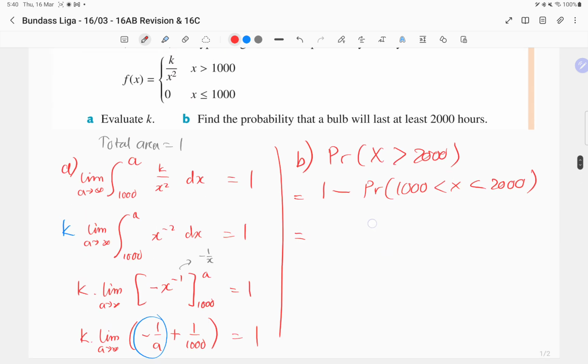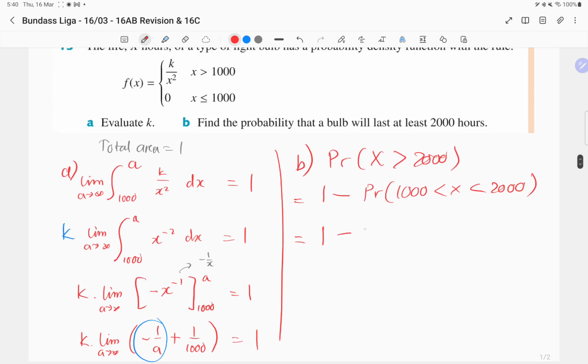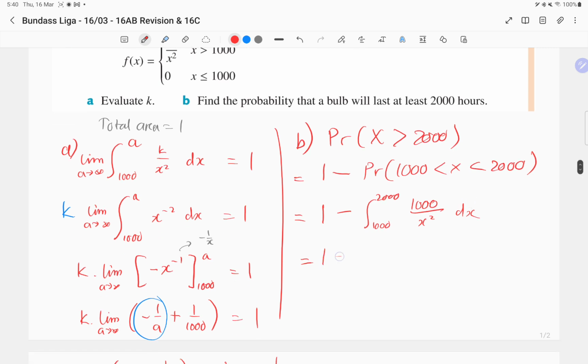All right. So then that would be 1 minus, and then this is just now an easy antiderivative, right? 1000 to 2000 of, now we know what K is, that's just 1000 over x squared dx. And that would be, take the 1000 out, 1 minus, and then we already did the antiderivative before, which is that expression there, the minus x to the power minus 1. So I'll just cheat a little bit, rewrite that here.